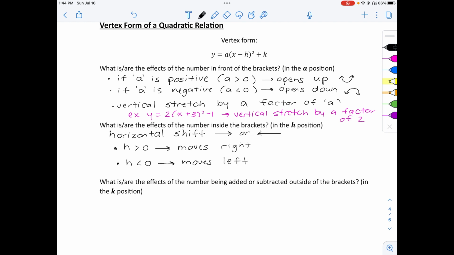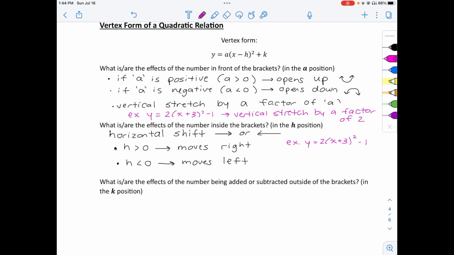Now, the thing to note here is because my base equation has x minus h, when we are looking at an actual example, so if I use the same example as before, y equals 2(x + 3) squared, subtract 1.